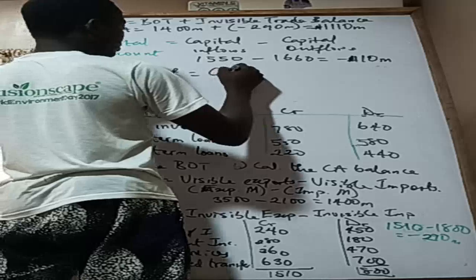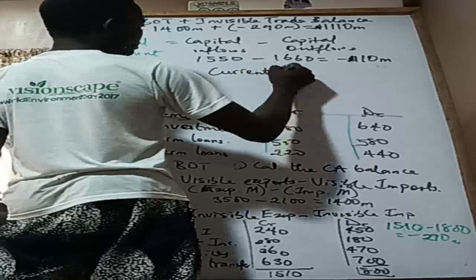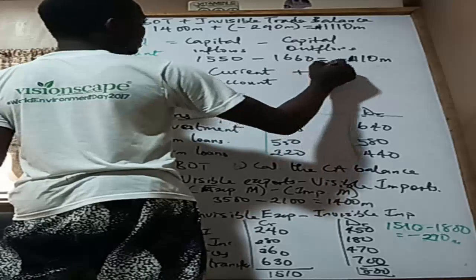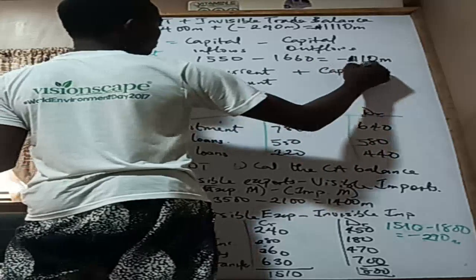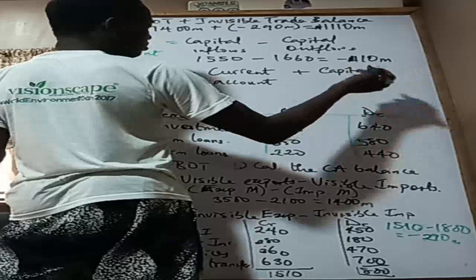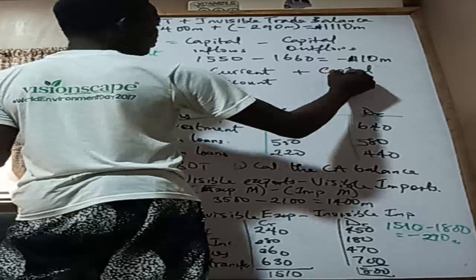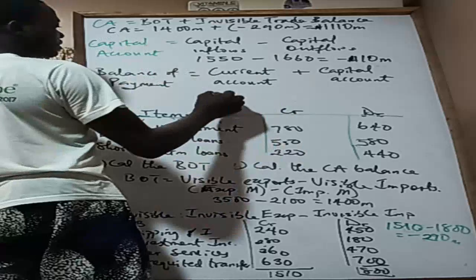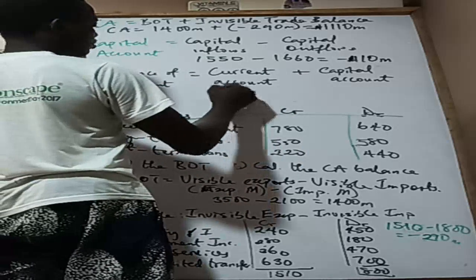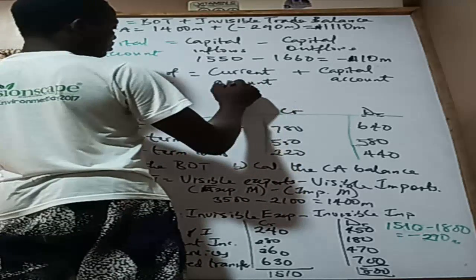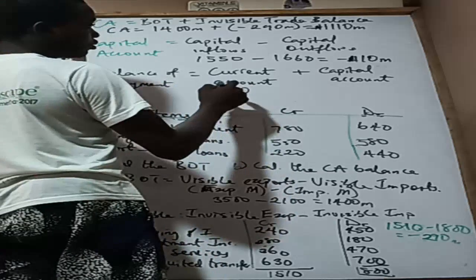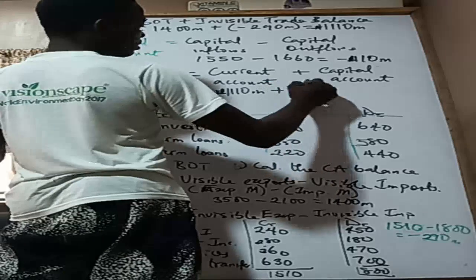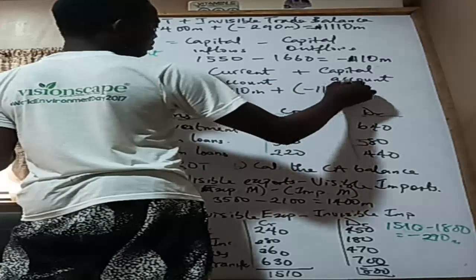So this is just current account balance plus capital account. We don't have any money movement account here or official reserve account item. So the current account gave us 110 million, plus minus 110 million.